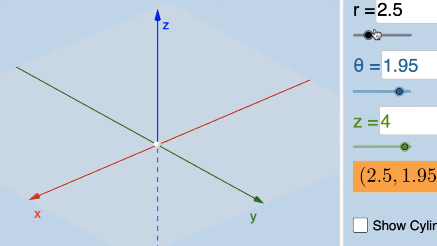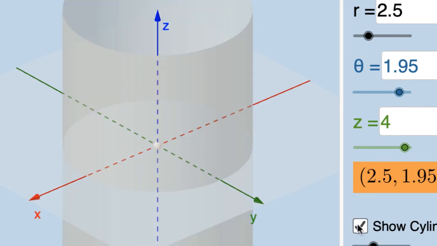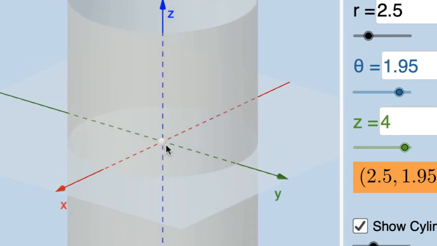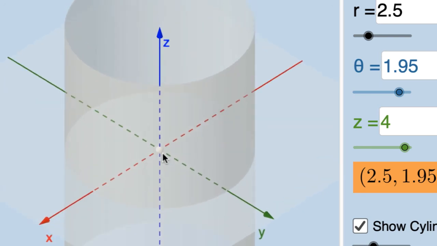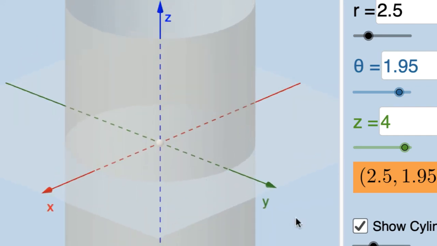So that means that it has a radius of 2.5, but again, this radius of 2.5 refers to the radius of the circle on the xy plane. So basically, imagine that you have this cylinder, that's why it's called cylindrical coordinates, and on the circumference, the outer part of the circle represents all the points of radius 2.5.